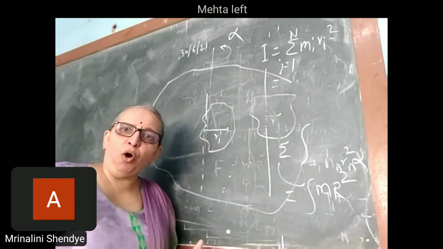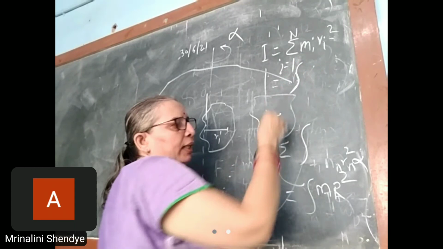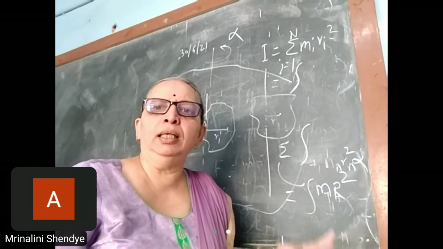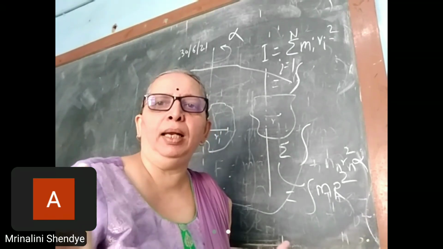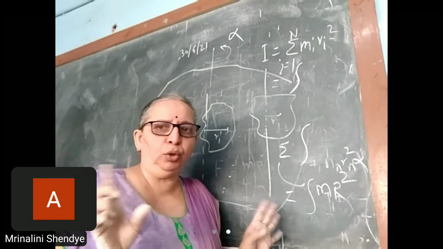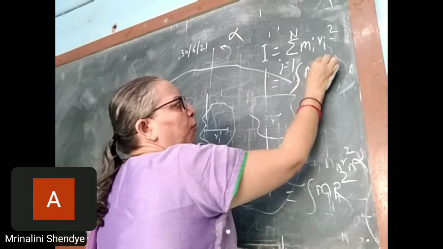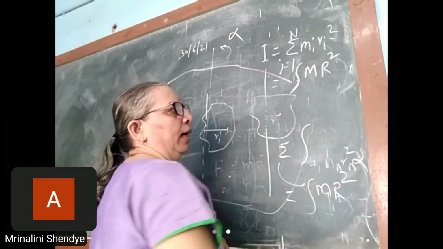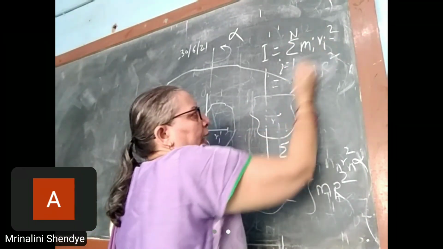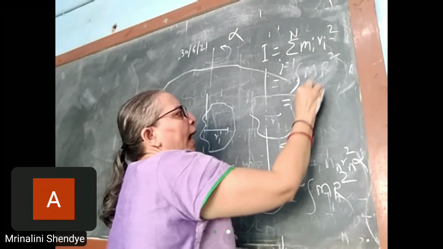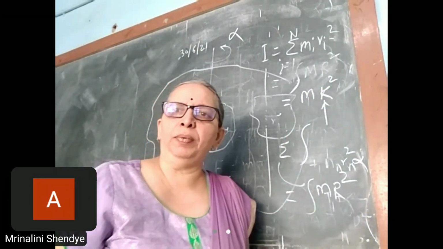For a huge body made up of infinite particles, this summation will be replaced by integration. Only the condition is that the body mass distribution should be integrable and homogeneous, नहीं तो integration नहीं ले सकते. So you can replace it by mass of the body into r square, and this r is called radius of gyration. We can use this integration as mk square, where k is the radius of gyration.